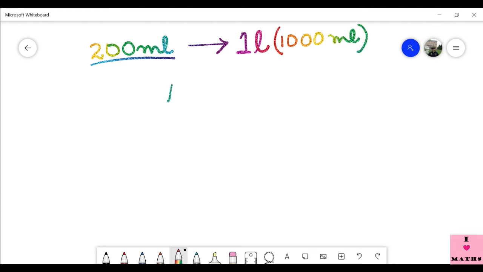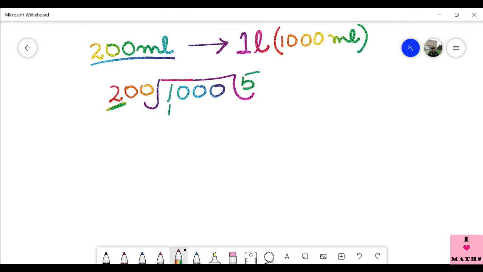So we will divide 1000 by 200. Since we know the table of 2, we can make the table of 200. 2 fives is 10. So 200 fives is 1000.